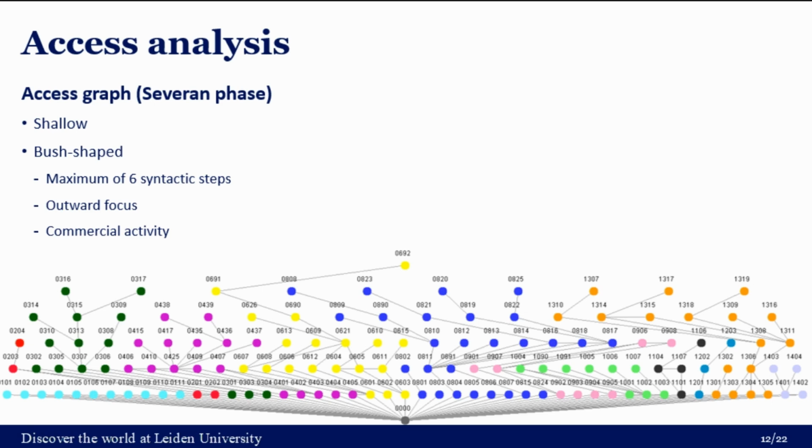Which is an indicator of accessibility and privacy: at the top, low accessibility and high privacy, and at the bottom, low privacy and high accessibility. At the same time, it is bush-shaped, meaning that it is very wide and shallow, which reflects the number of connections to the streets.